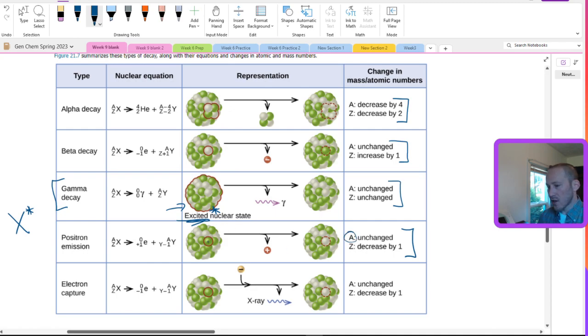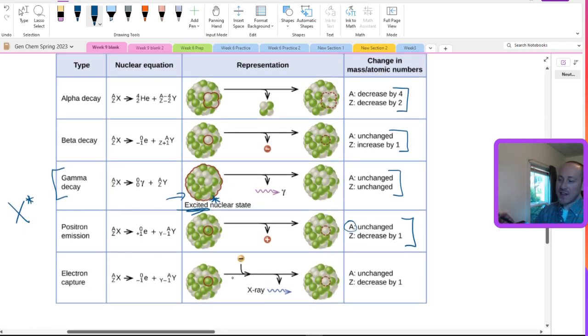You'll notice in this drawing, the protons are these green ones. A proton can lose its positivity and become a neutron. Probably the quantum physics of that situation can be more accurately expressed, but as far as what we're doing with this nuclear chemistry, that's what's happening.